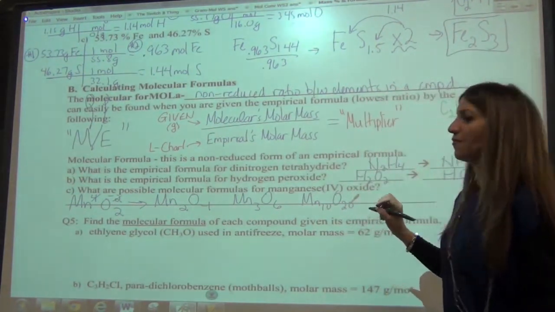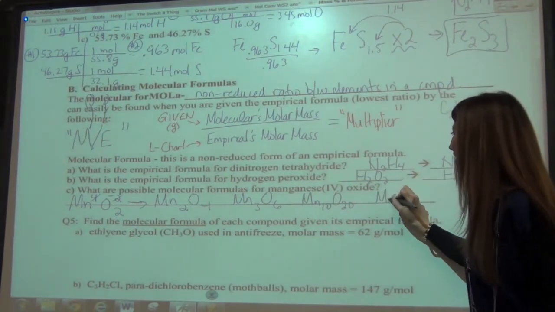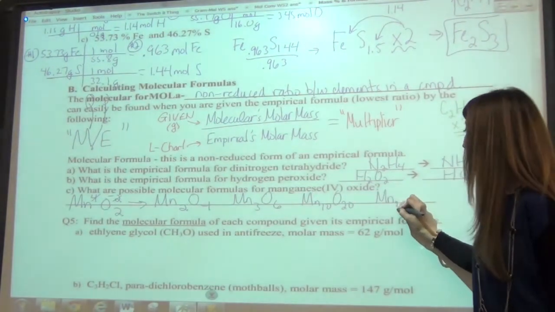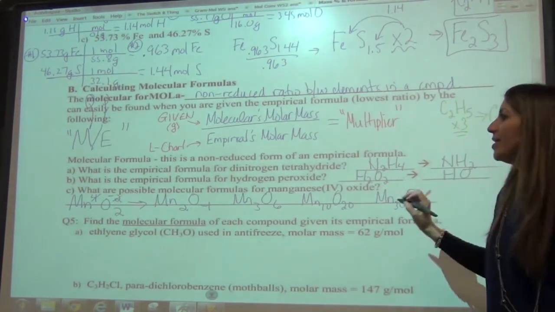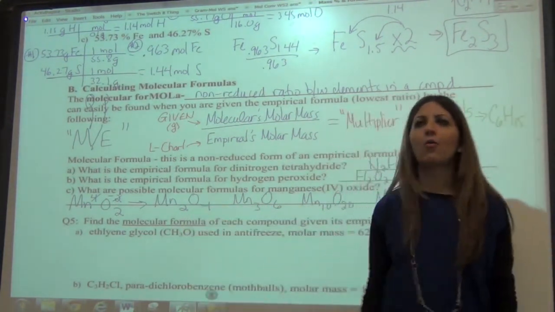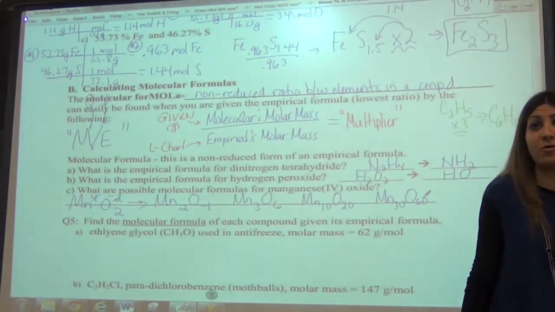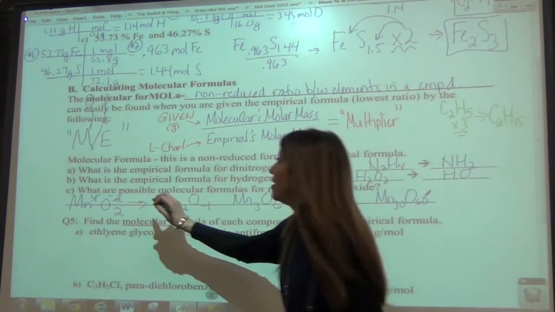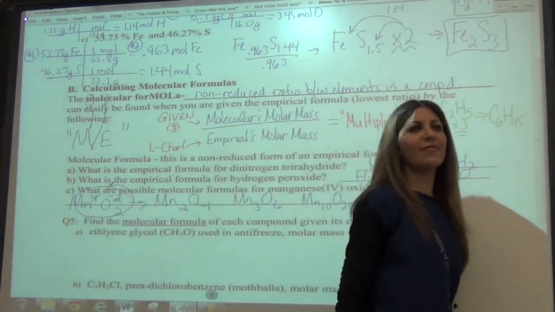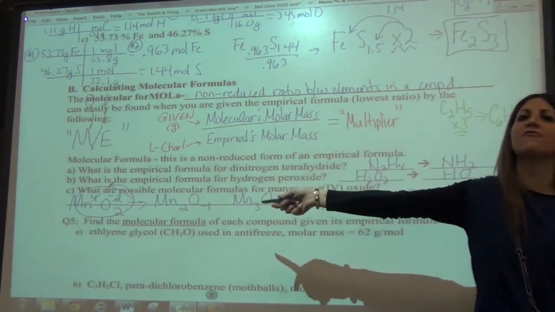Mn10O20. What if you multiplied it by 30? What would you get? Mn30O60. If you reduced every single one of these, what would you always get when you reduce it all the way down to the most that you can reduce it? MnO2. MnO2. Okay, and that's the idea, is that the moleculars are just a multiple of the empirical.